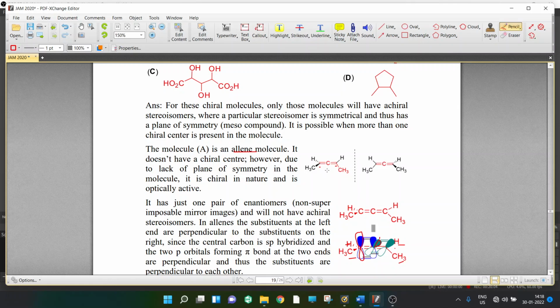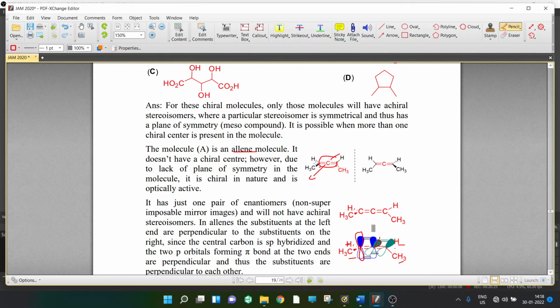Because of this, this molecule does not have any chiral center. You don't see any carbon which has 4 different substituents, but overall there is no plane of symmetry. Why? Because imagine if I am going from here to here, I am seeing hydrogen, but going from here to here, I am not seeing hydrogen. Here I am seeing air, nothing is there, because this CH3 is coming outside the board.